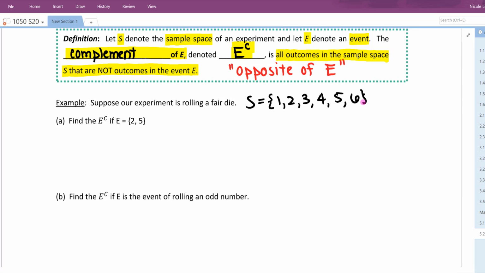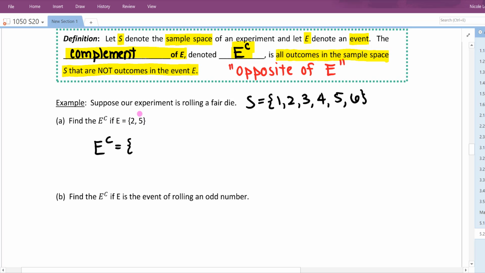So for part A, if you want to find the complement of E, so E^C, all you have to do is look at your sample space and look at your E. Whatever is inside of your E, you take that out of your sample space, and whatever you have left is going to be in your complement.